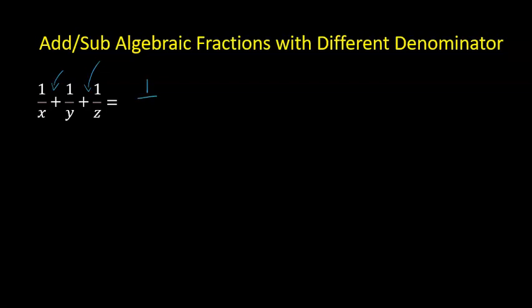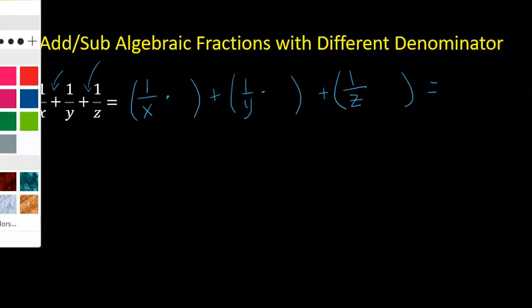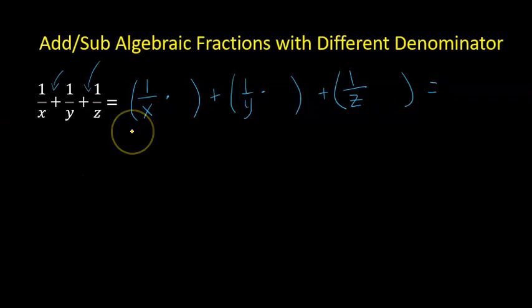Let's go ahead and set it up like plus 1 over y plus 1 over z, equal sign. So basically the x has to have a y and a z.